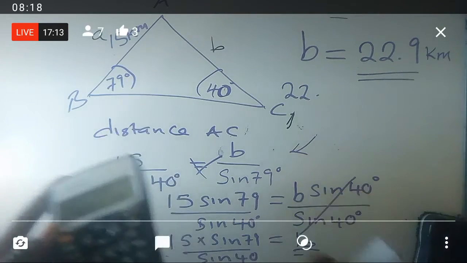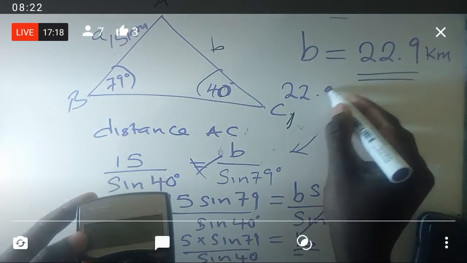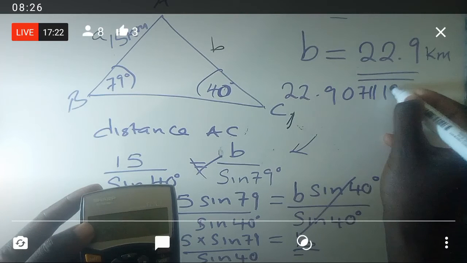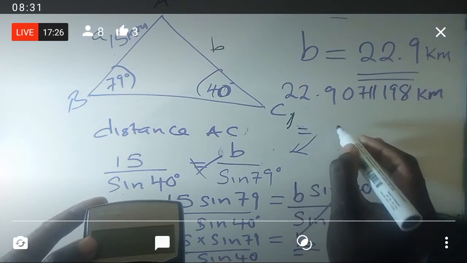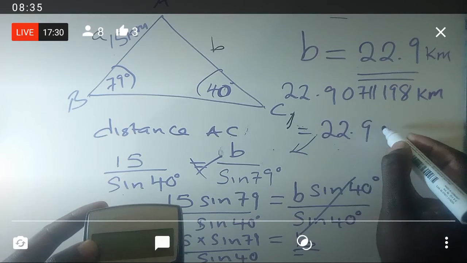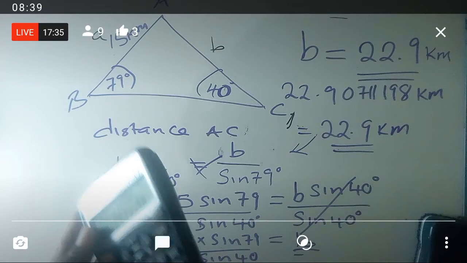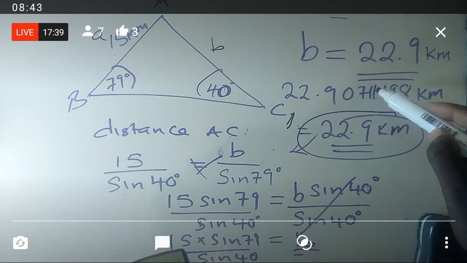Okay, so if your answer has got decimals, it's very advisable that you write it in full like this, even put kilometers, and then you come and round it off. That way, if you make a mistake when rounding off, the person marking will still mark you on this one.